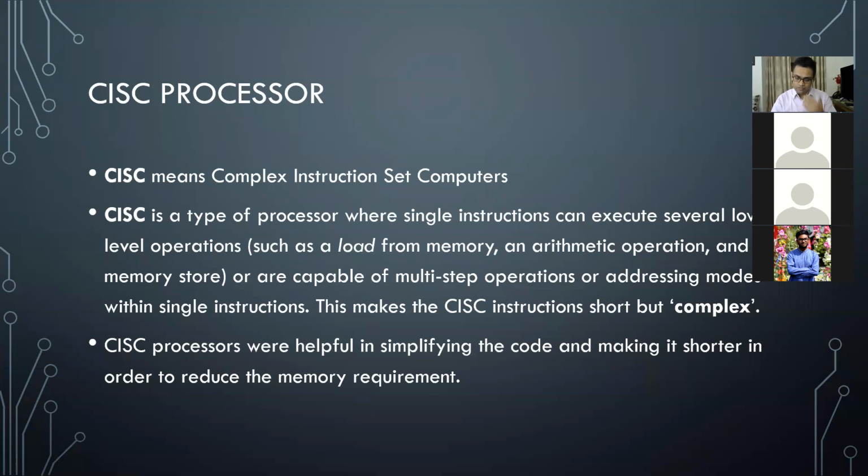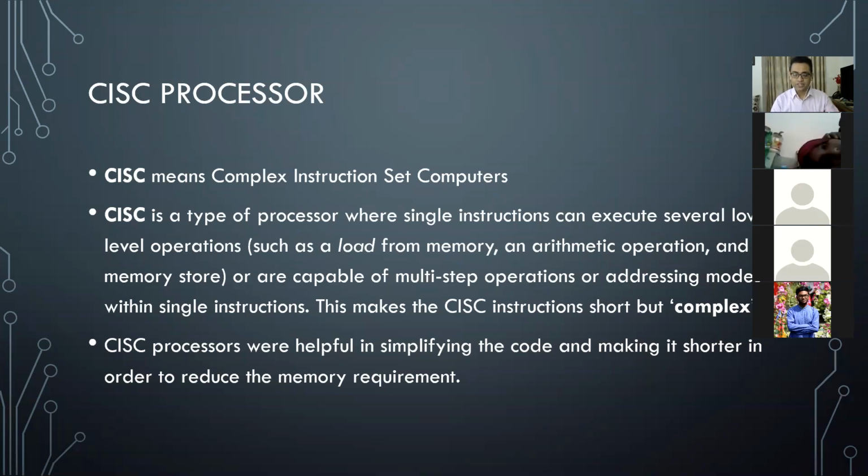To overcome this problem, they said: we have very limited memory, very limited registers, very limited resources in the processor, so let's use them as efficiently as possible. That's why they invented this way of making code very short so that you can save memory. That is the reason they invented this type of processor architecture.